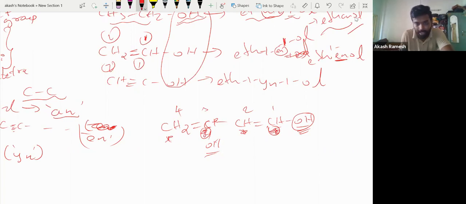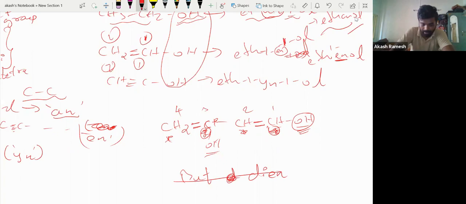Okay, now once you're done, now let me write the root word very easily. Root word is but. Okay, now you see that there is a double bond, right? There is a double bond. So obviously I have to use EN, but you have to understand that how many are there? There are 2 double bonds, so you will use diene.